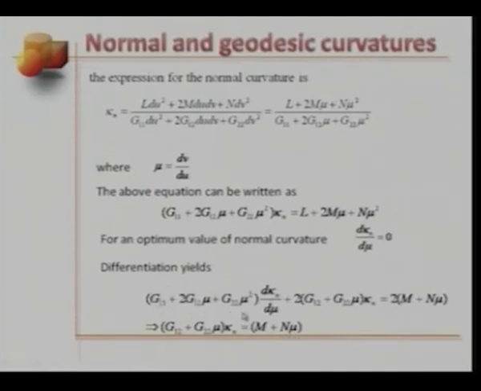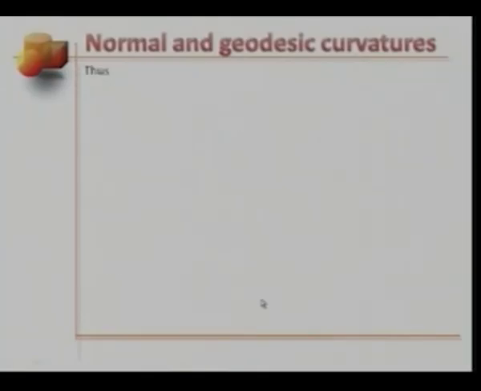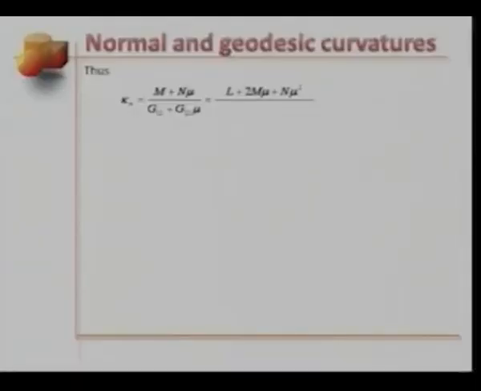This expression goes off to 0. Therefore, kappa sub n is equal to m plus n mu over g12 plus g22 times mu, and this is equal to L plus 2m times mu plus n times mu squared over g11 plus 2g12 mu plus g22 times mu squared.